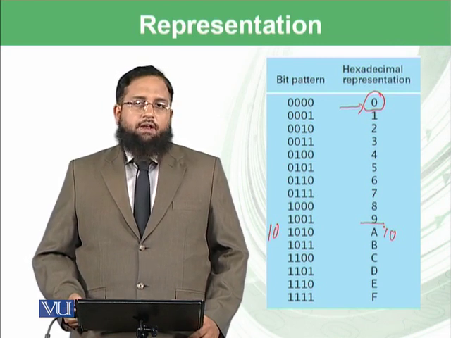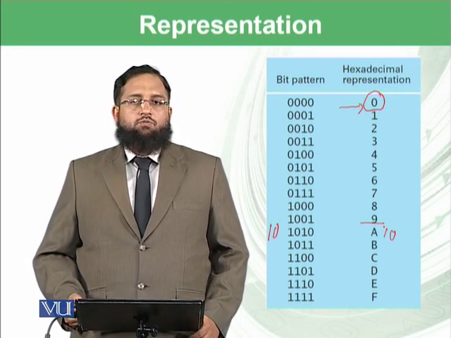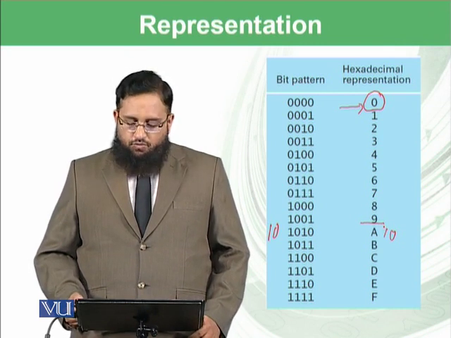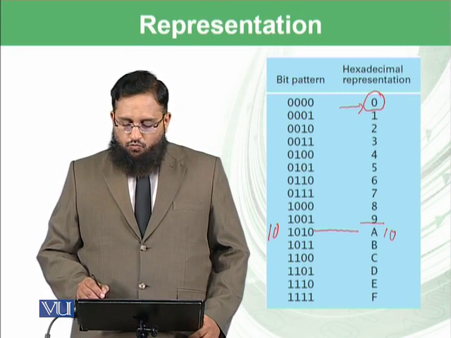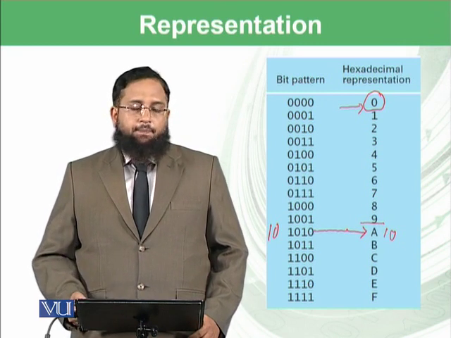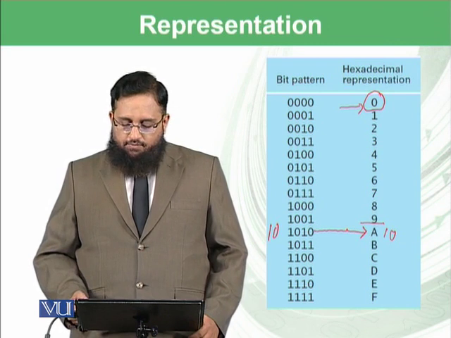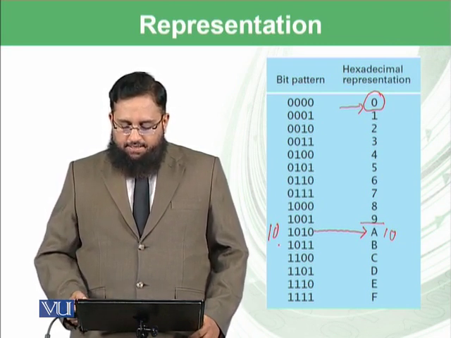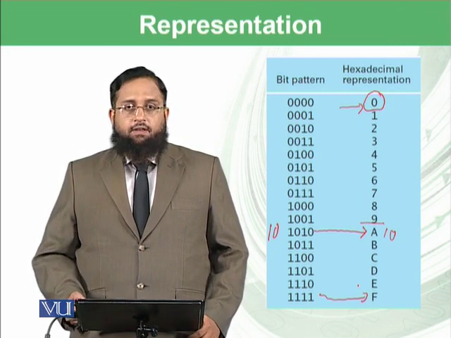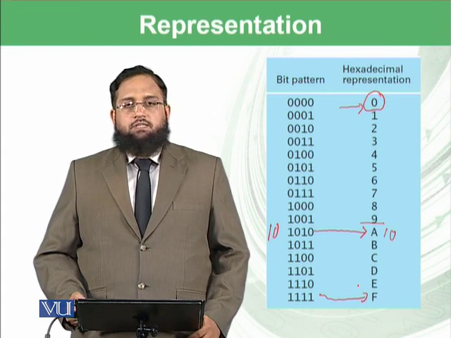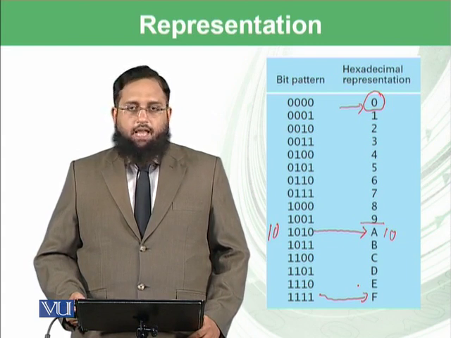So we cannot write 10 here because that would be 2 symbols. Therefore we have translated 1010 to the symbol A, and similarly 1011, which is 11, is translated to B, C, D, E, F, and this is the maximum bit pattern 1111, which is translated to the symbol F.